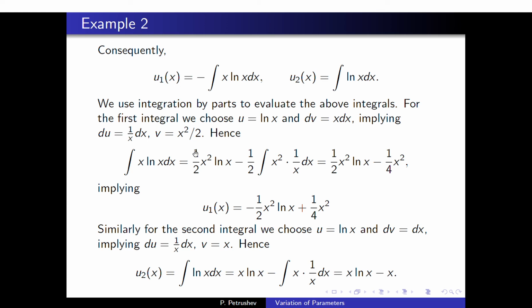Therefore, integrating by parts, we get this quantity, which is equal to this function. So therefore, u1 is equal to this function. And similarly, integrating by parts here, we get u2 equal to this function.